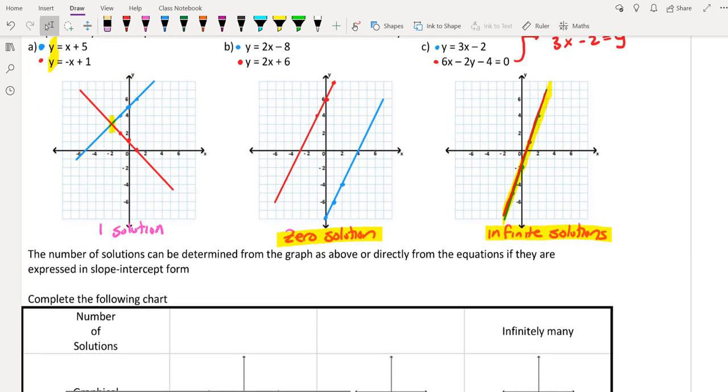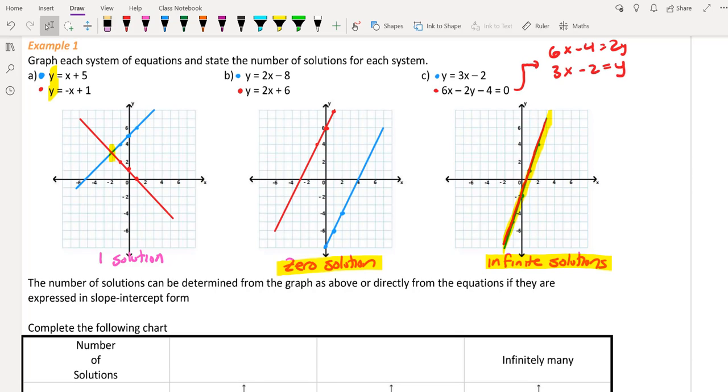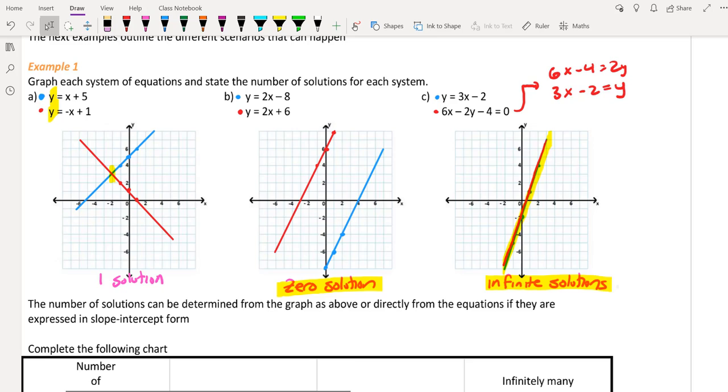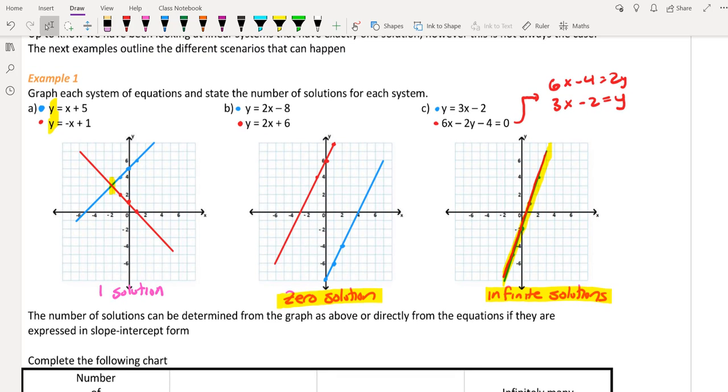All right? Let's start off with the infinite solution one. So in this situation, the slope of the red line is 3. The slope of the blue line is 3. So they have the same slope.